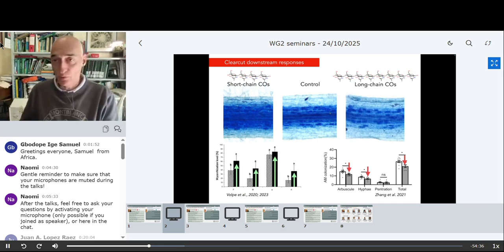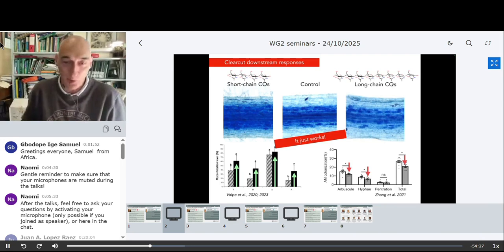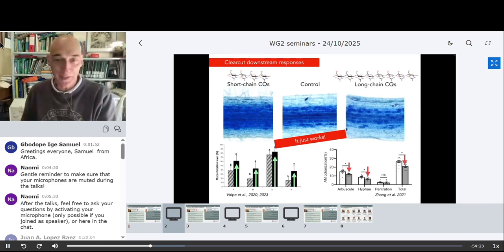And if you treat the roots with long chain COs, you have a quenching, a weakening of the symbiosis. So the effect is very clear cut. It works. Right? We are not able to really understand everything, but plants do. So let's keep that in mind.